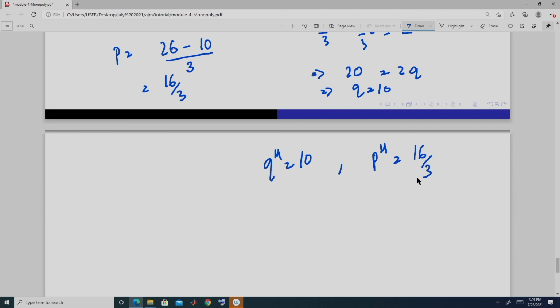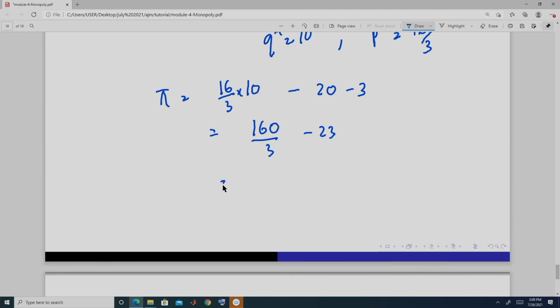What is the profit here? Profit here is this price 13, this revenue, cost is 20, fixed cost is 3. So, this is 71 by 3, okay.